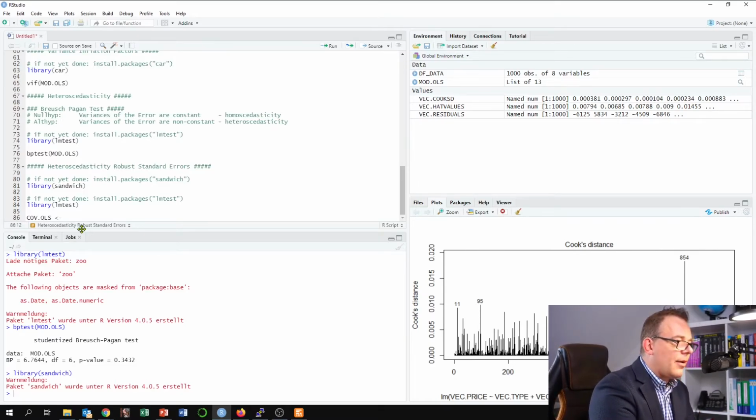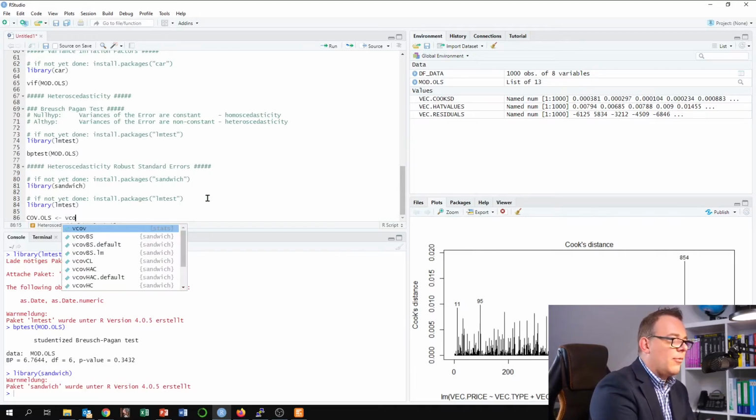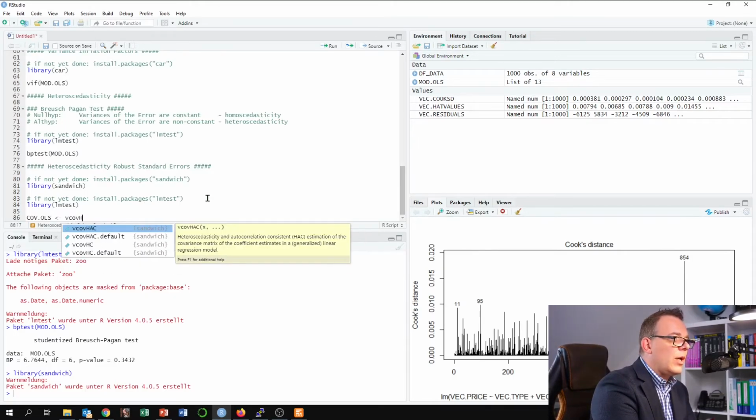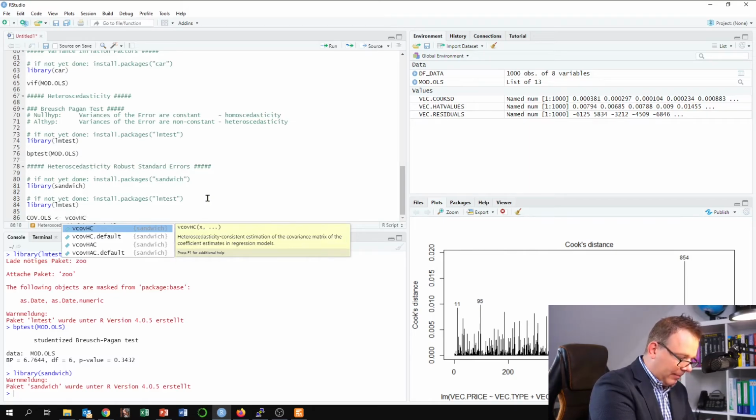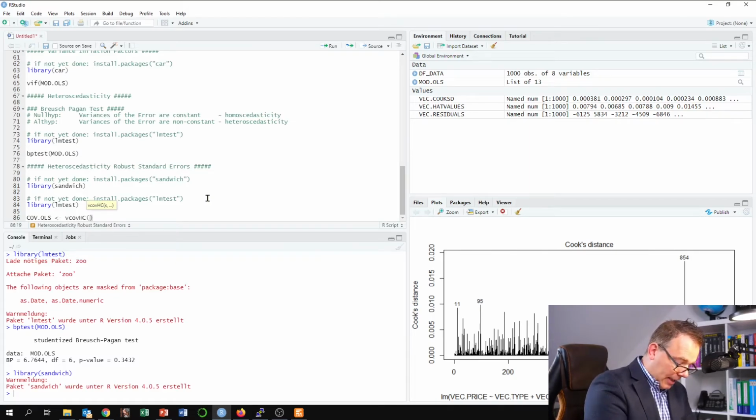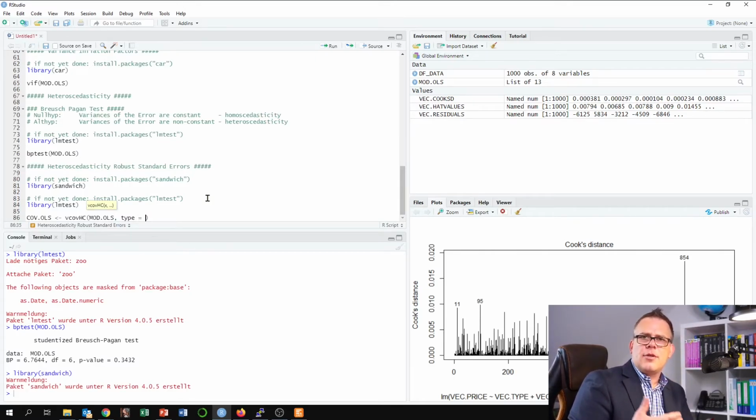And the command here is vcov, just like the vcov command for getting the covariance matrix from the OLS model, vcov, and additionally, we add HC. And then we hand over the model OLS, and we have to hand over the type of correction here.